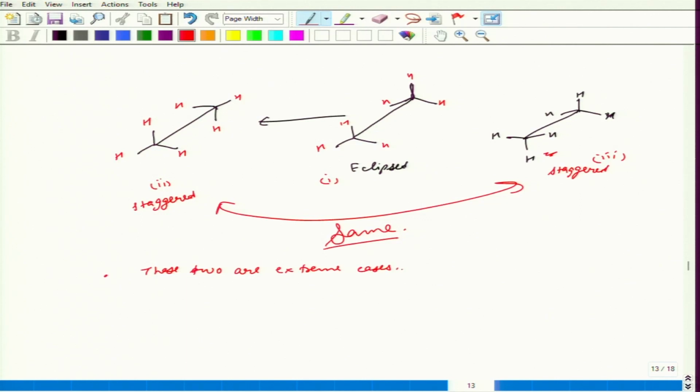But there are many other conformations also possible in between these two.